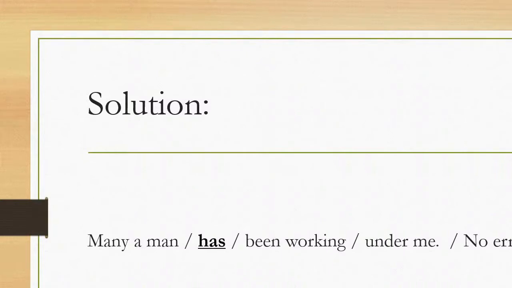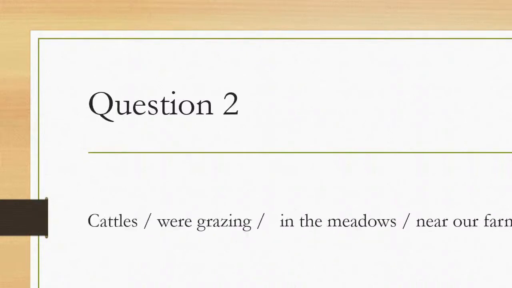Now let's go to the next question. Here, the question is: cattle were grazing in the meadows near our farm, and there is this option, no error. There are always, as I told you, five divisions. The sentence can be as short as this or as long as they give.